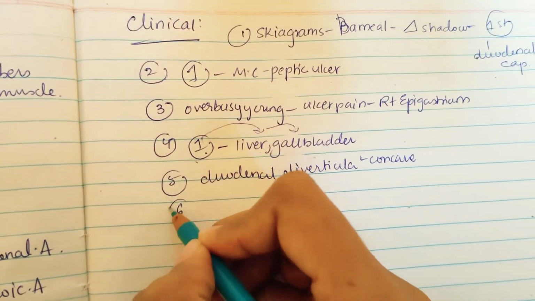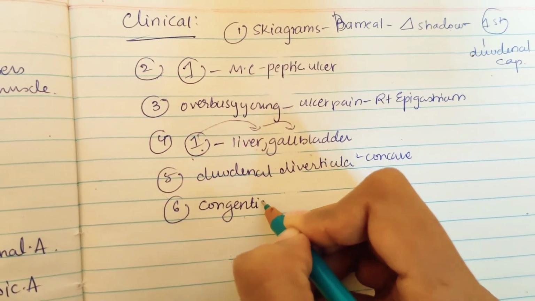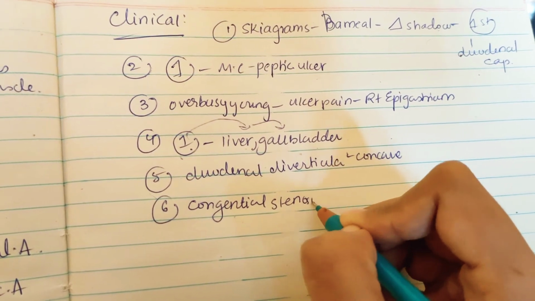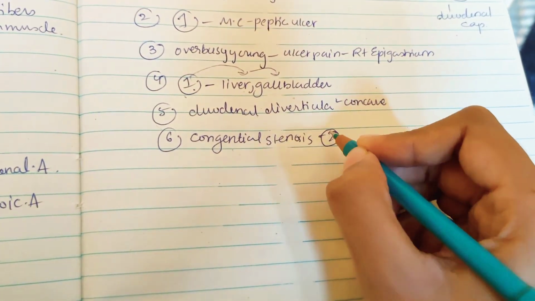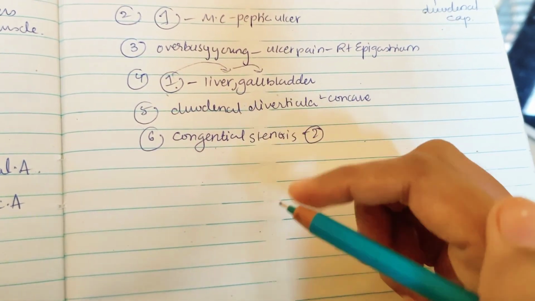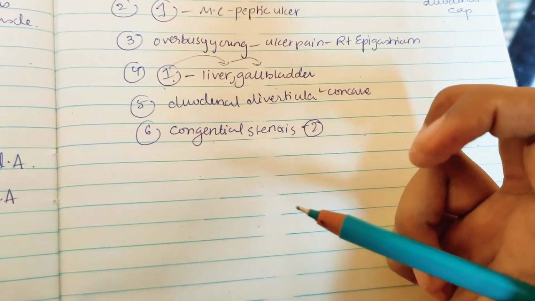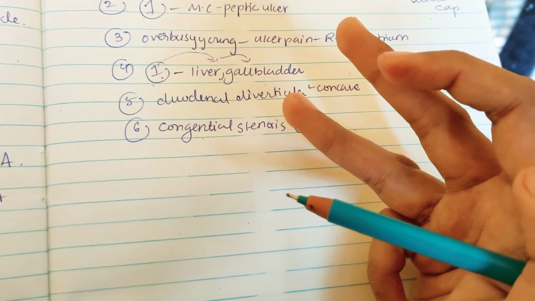Next, coming to congenital stenosis. Congenital stenosis is nothing but obstruction of the second part of the duodenum, at the opening of the bile duct. Other causes of obstruction may be annular pancreas, pressure by the superior mesenteric artery, and contraction of the suspensory muscle of the duodenum.